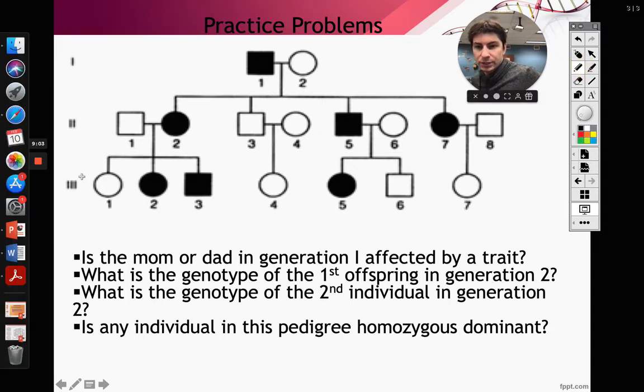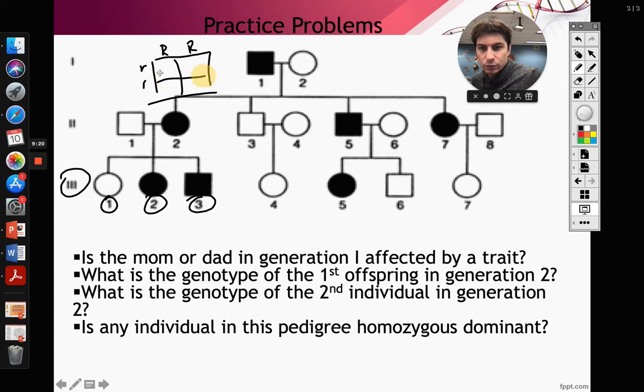So let's try a Punnett Square, knowing in generation 3 here we have 1, 2, 3 offspring, and 2 are filled in. So if we said number 2 is big R, number 1 is little r, all of the kids would be big R, little r. What this means is that number 1 down here would have to be filled in.